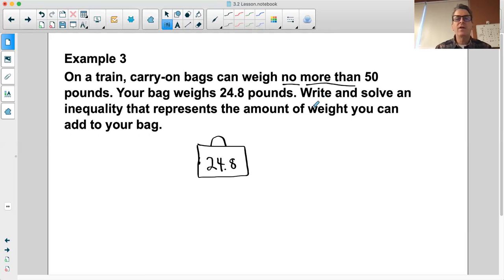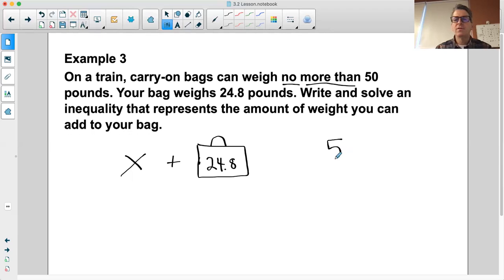So you want to write and solve an inequality that represents the amount of weight you can add to your bag. They already tell you that you're going to be adding. So this is what you're going to add: x plus 24.8. Now we have to place in there the inequality symbol representing no more than 50.